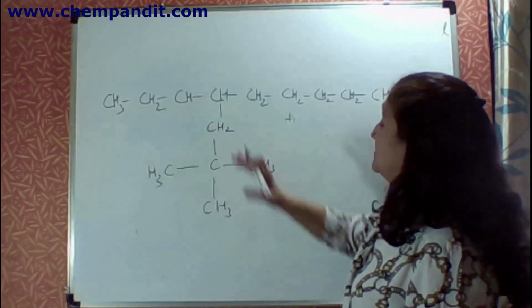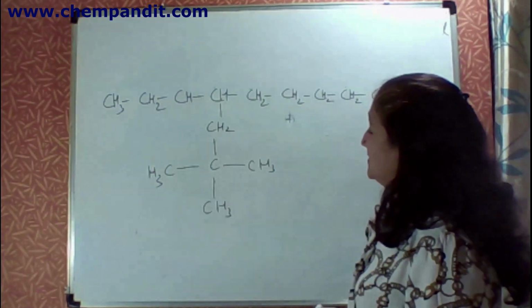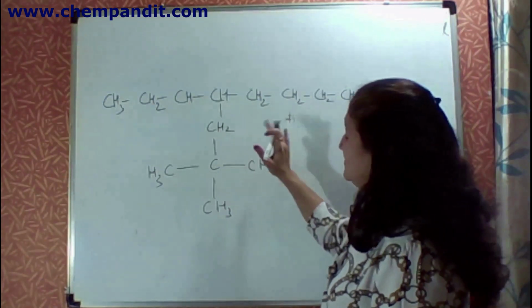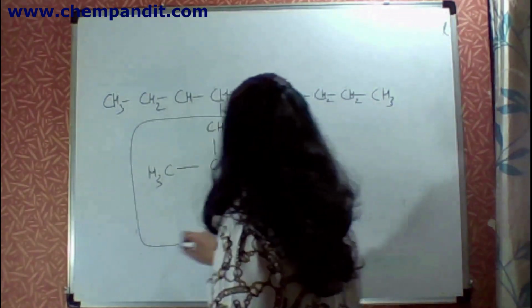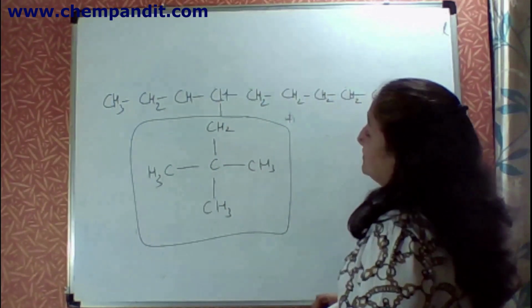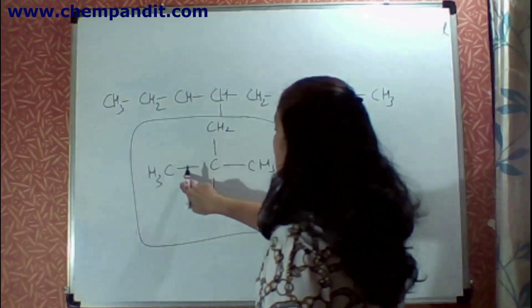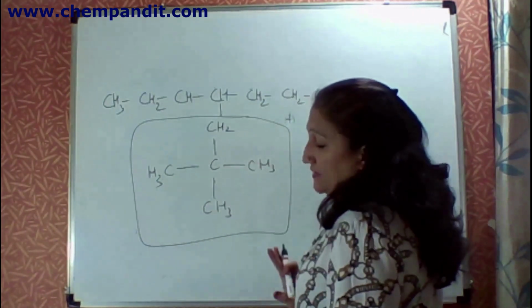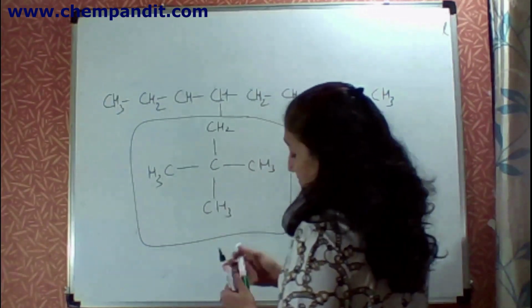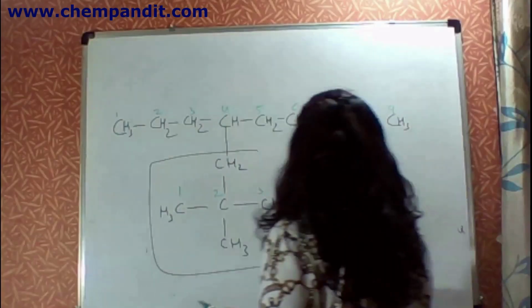And then we will follow the order. Clear? Now let's name this substituent. Let's name this whole substituent. How will you name this? We can name it like this, 1, 2, 3 also. You can name it like 1, 2, 3 also. Any way you can go. Let's number it like this. 1, 2, 3.